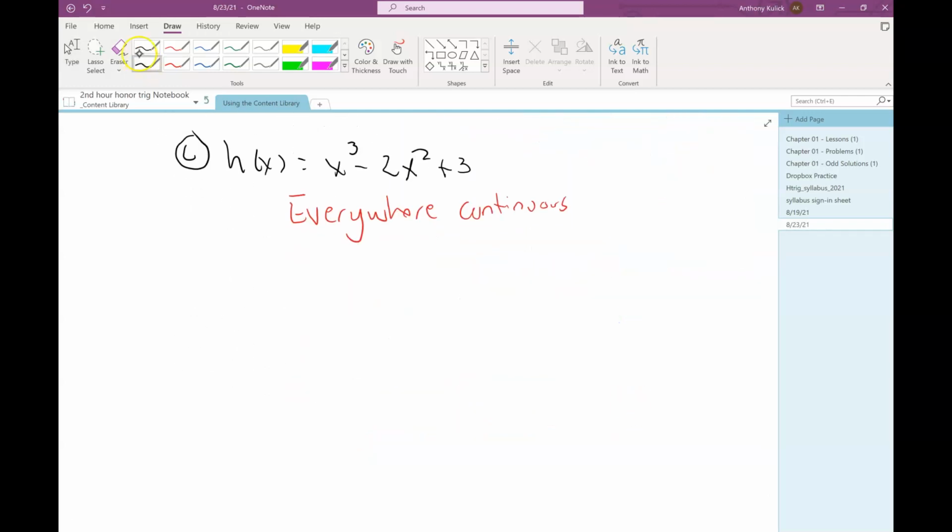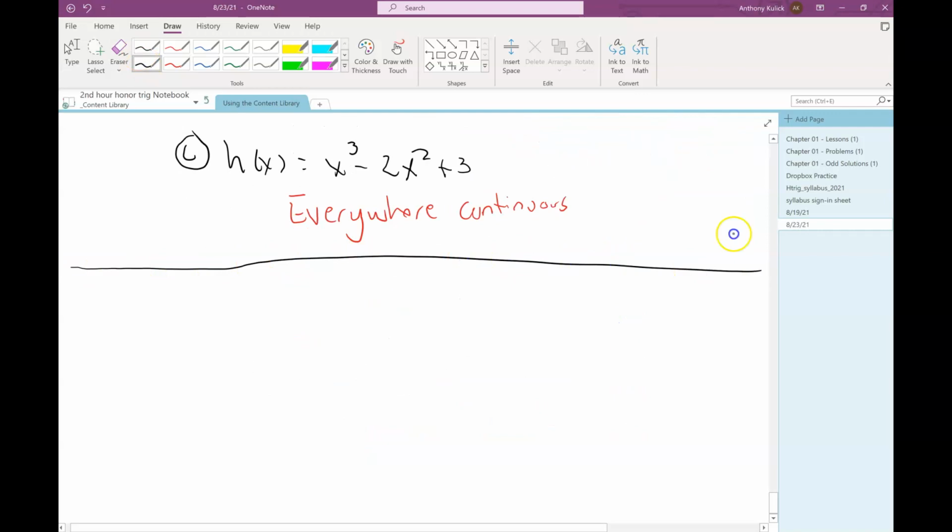Notice that we didn't do any piecewise one or any jump discontinuity ones, mostly because the easiest way to get one is using something called a piecewise function, which is kind of beyond the scope of what we had done. But a piecewise function, the general idea here is the notation is going to look like this.